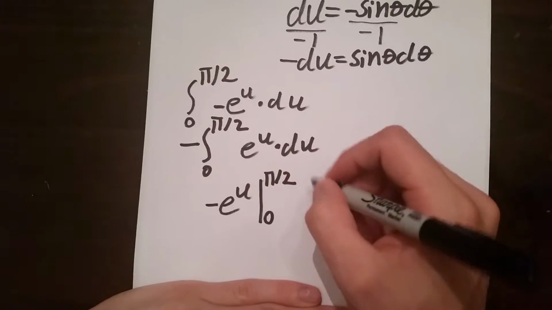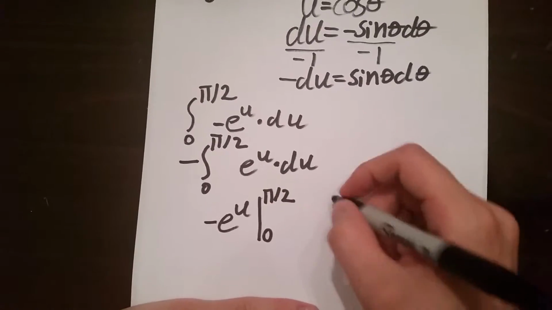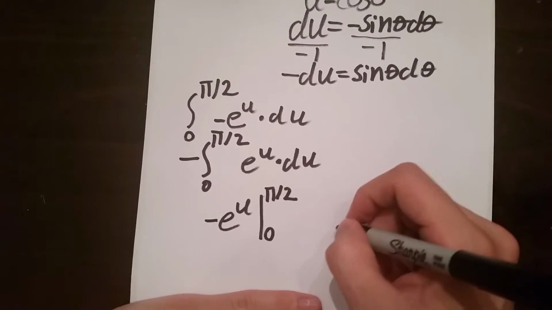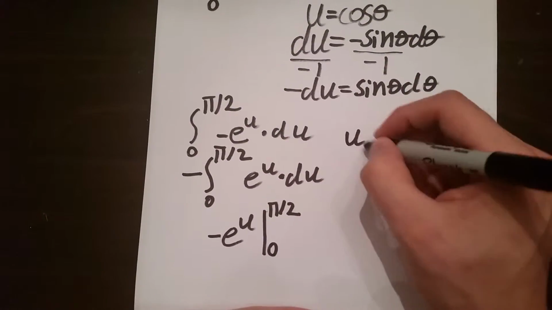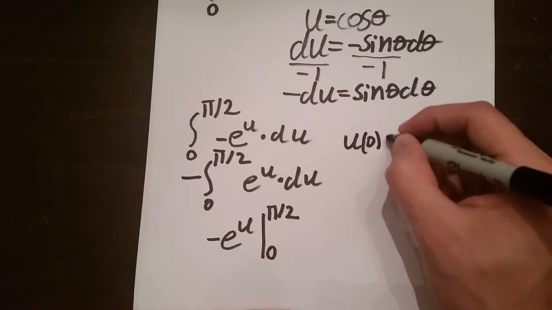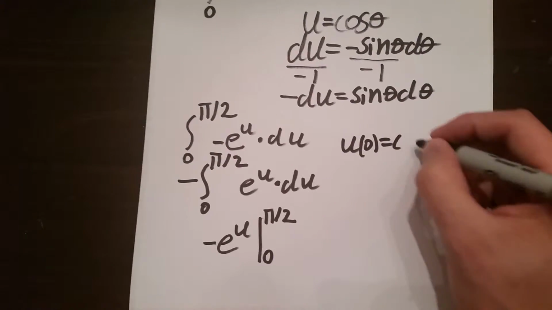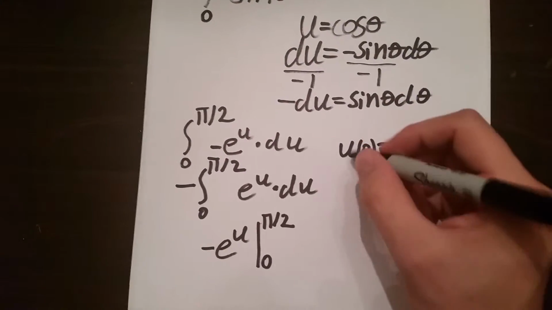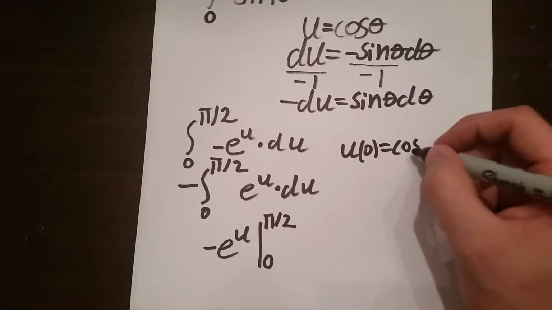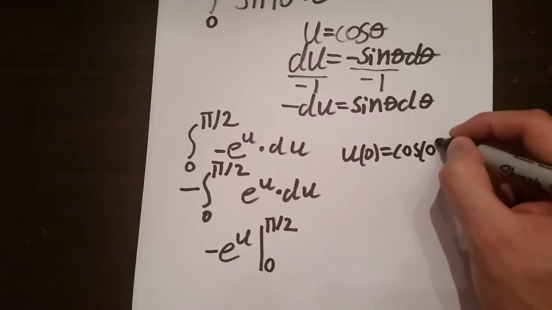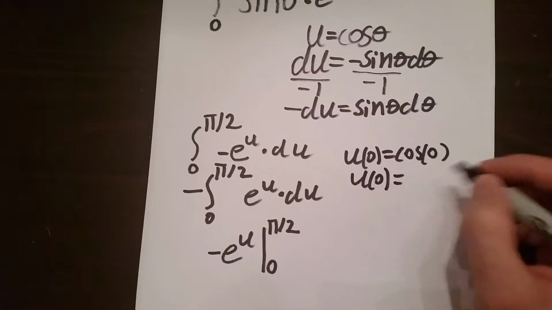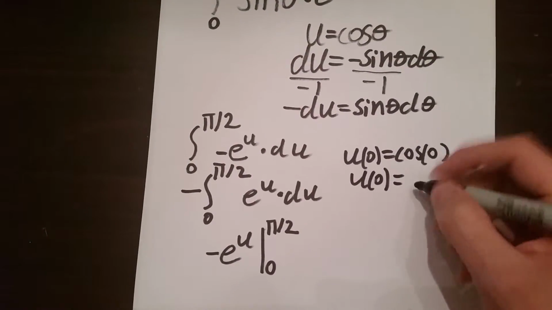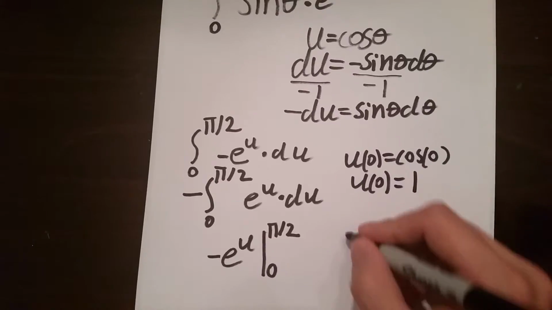Something we can also do with u substitution, which will help us later, is take the limits here and insert them into u. So we have u of 0 equal to cosine of 0, and cosine of 0 is 1.